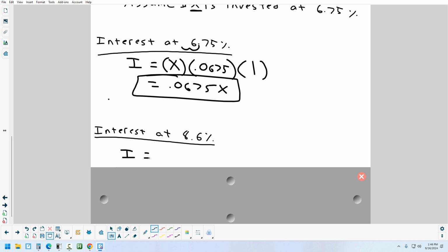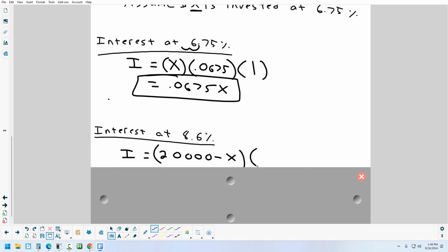Because everything that he didn't put in the first account, it's going in the second one. He's going to use all 20,000. It's got to be something with 20,000 in it. Right, 20,000 is what he had to start with, minus what he already put in the other account. So if you put 1,000 in that account, that leaves him with 19,000 here. But that's his principal.